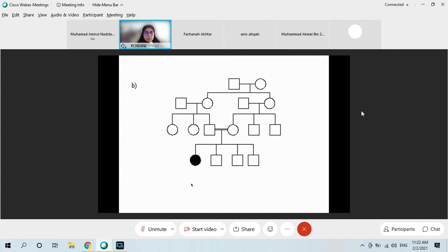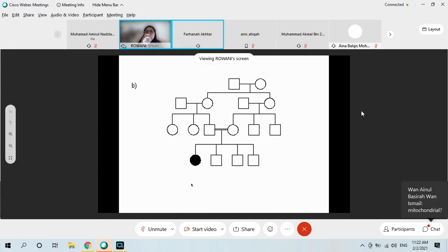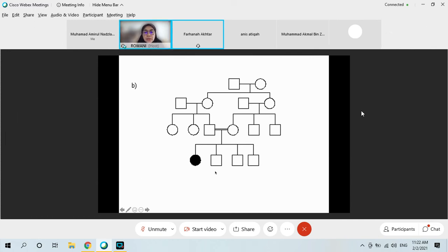So what else do you see? All of the males are not affected. Yes, meaning only one person in the family is affected. We don't know whether males can be affected or not, because it's only this female that is affected. What else do you see in the family?